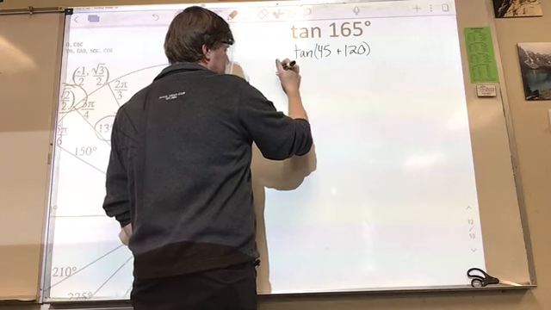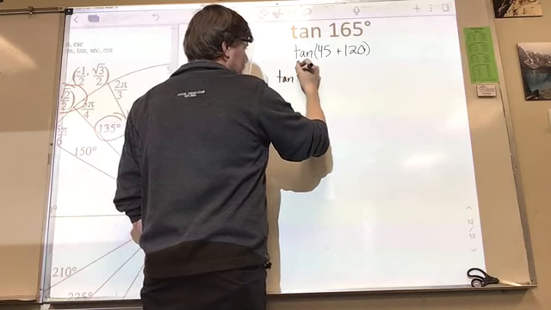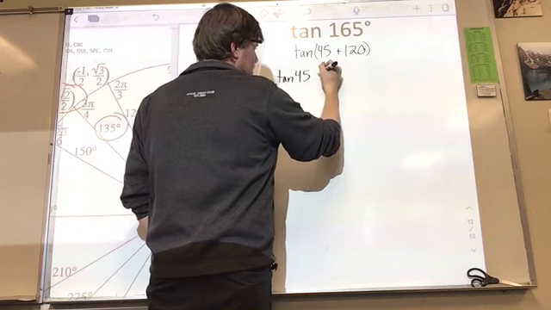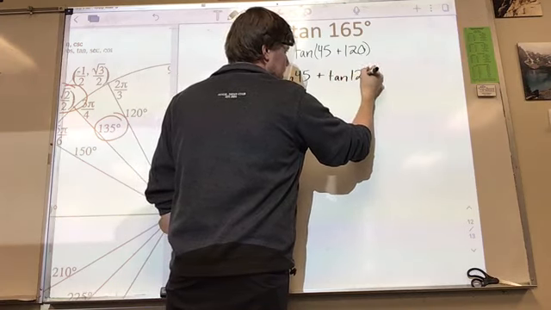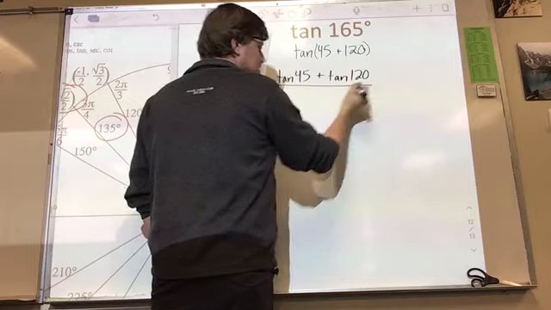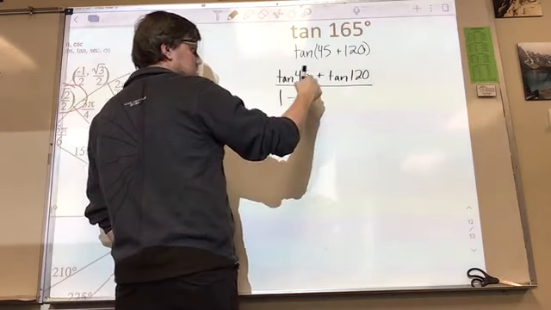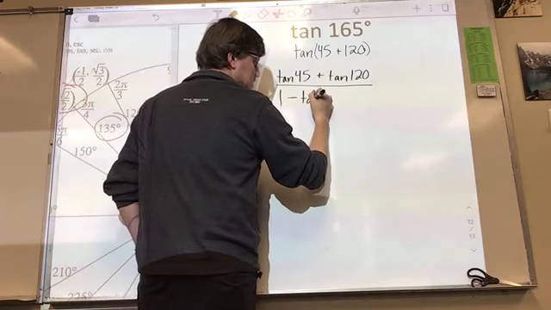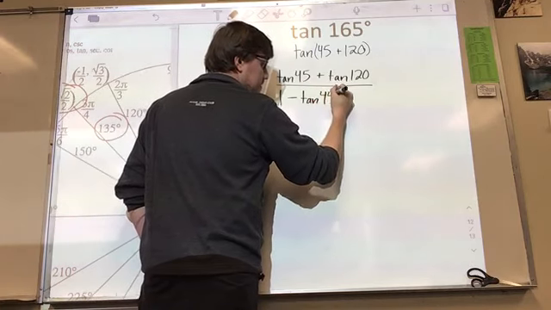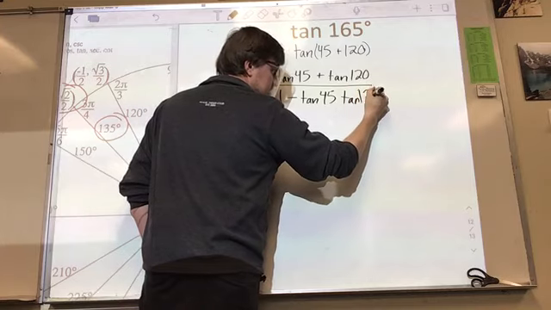The tangent formula is tangent of A, same sign, tangent of B, over 1 minus, because it's always going to be the opposite symbol as above, tangent of 45, tangent of 120. Call me out if this is wrong because I'm trying to go from memory. Is that correct? Sure.